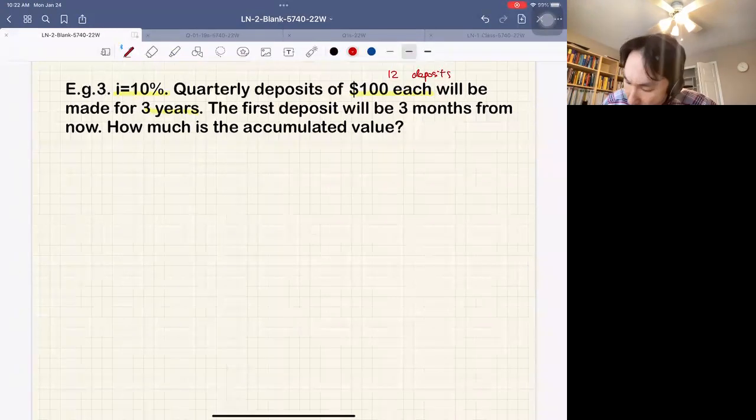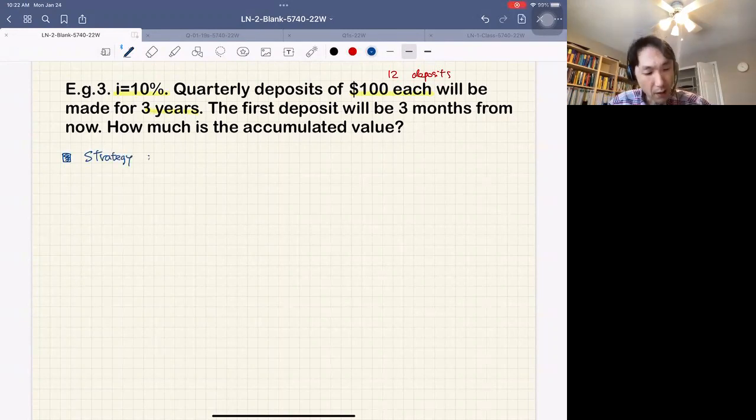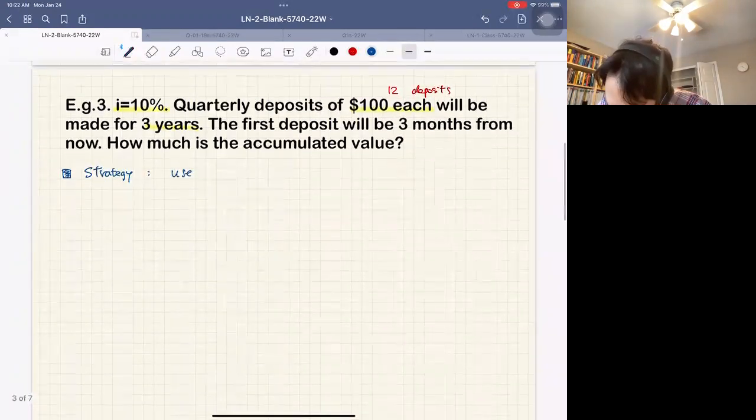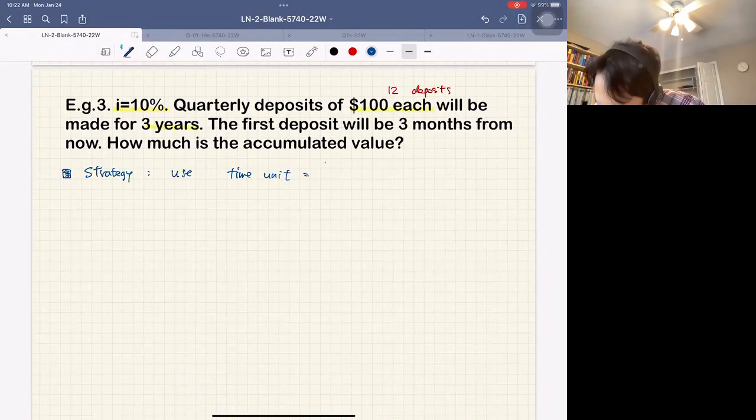So the idea to solve this question, or a strategy for this question, is to use the time unit equal to 3 months, 1 quarter. So everything should be written with this time unit, 1 quarter.